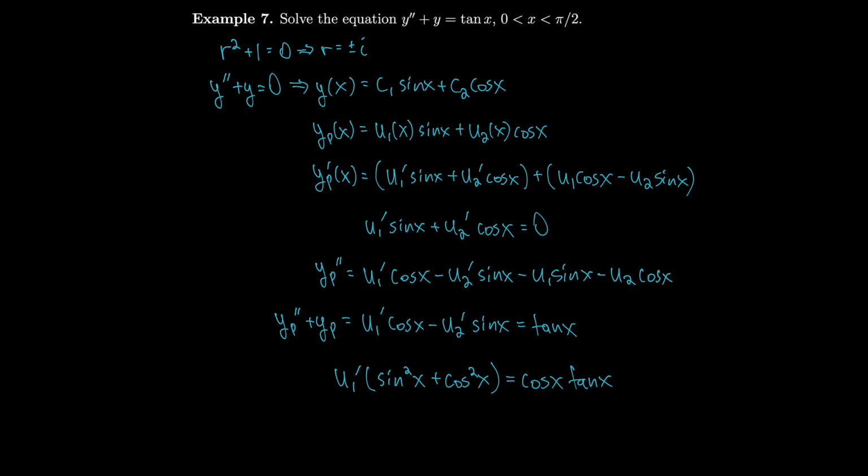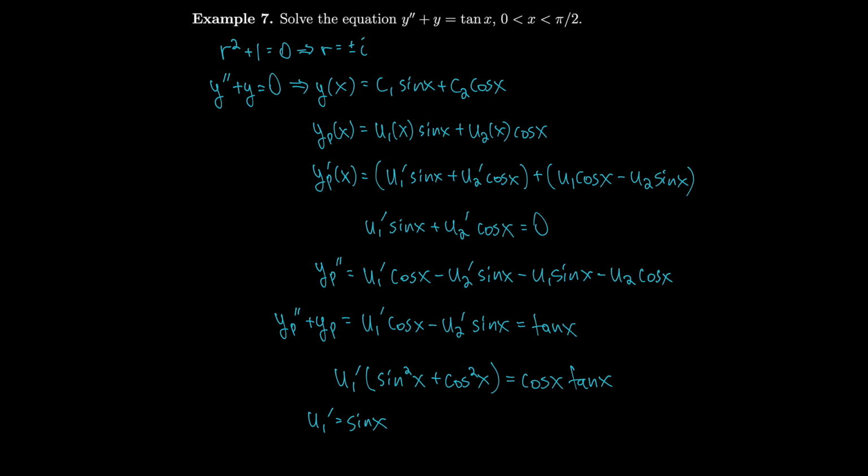So notice that we have sine squared plus cosine squared is 1. So we have u1 prime equal to cosine times tangent. But cosine times tangent is cosine times sine over cosine. The cosine cancels, we just have sine. So we have u1 prime equals sine.